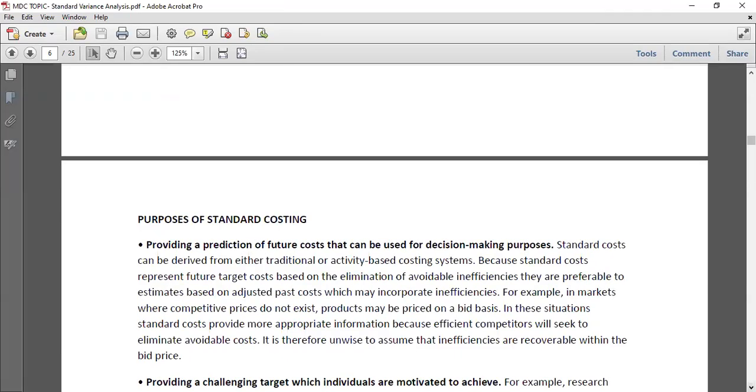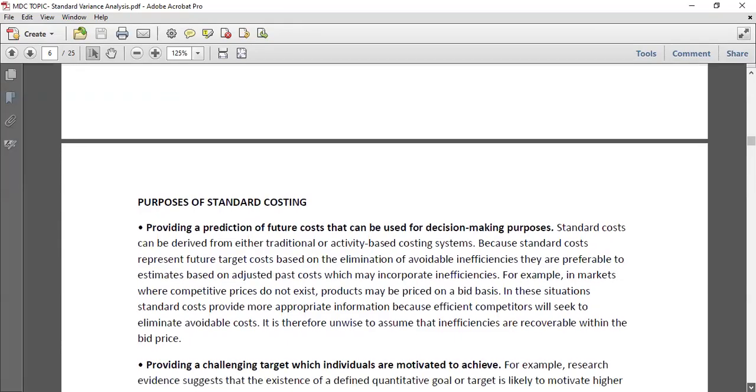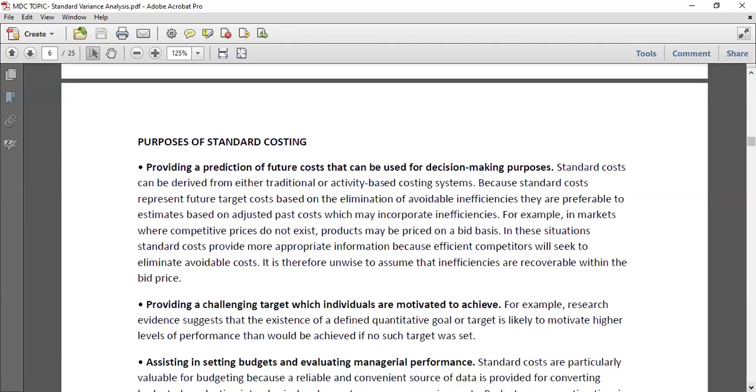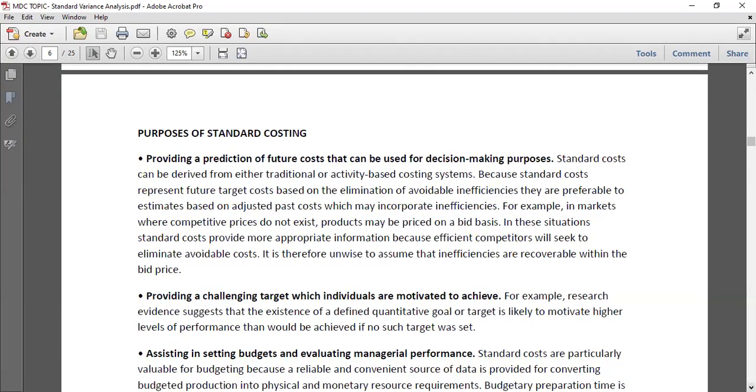And then one of the other things that we want to appreciate is that you might also have negotiated standards, or you can also have expected standards, but really a very similar principle. Negotiated standards might be, for example, standards that management and the implementation team sit together and agree to and say this should be the standard.